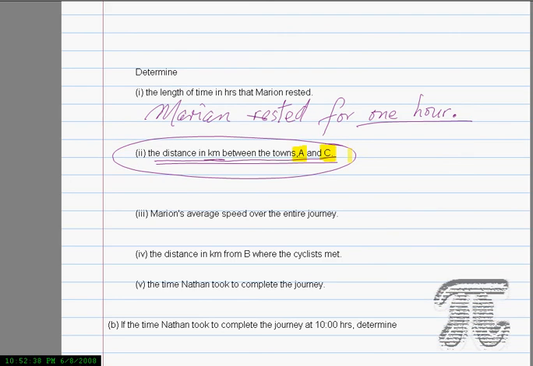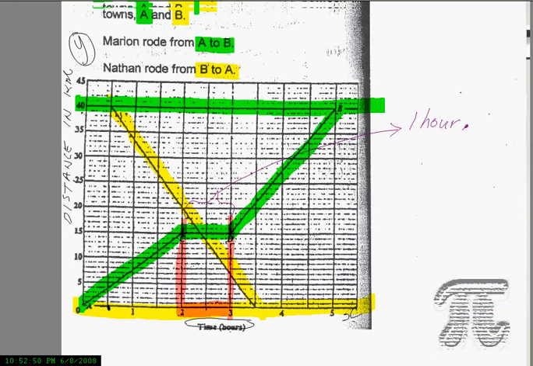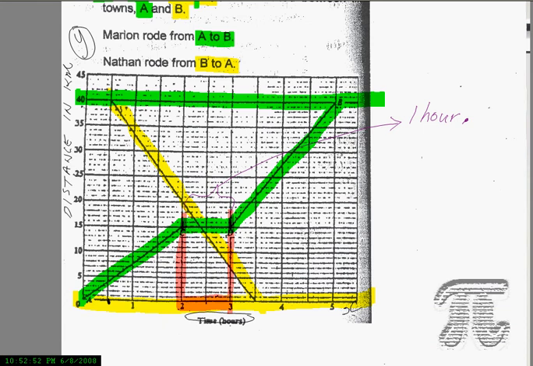Remember again, you're going to try to find the distance in kilometers between towns A and C. Here's A and here's C.